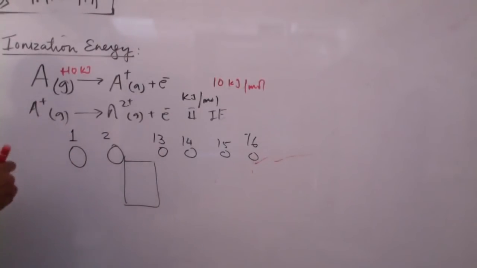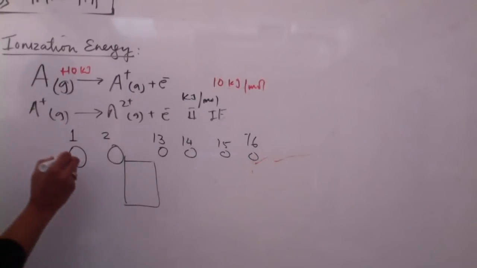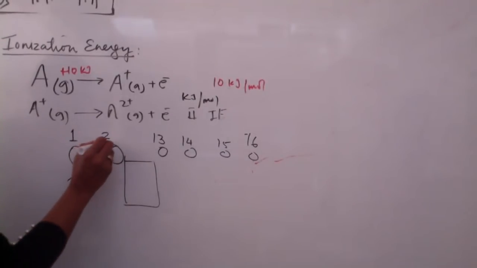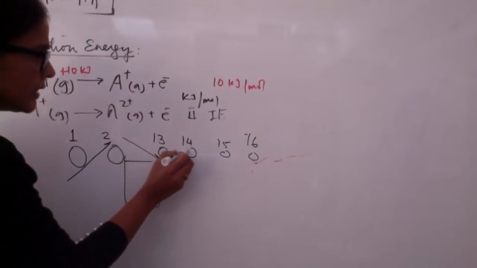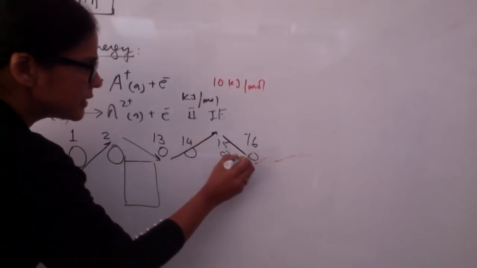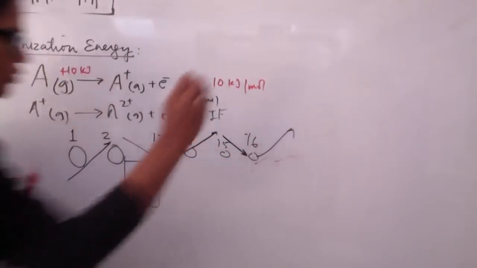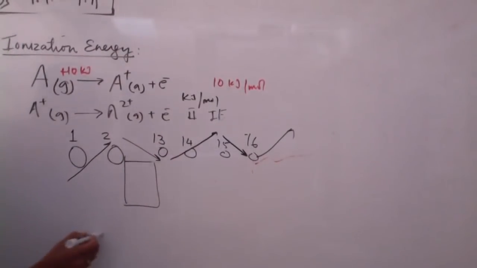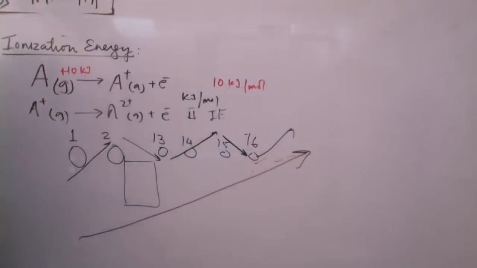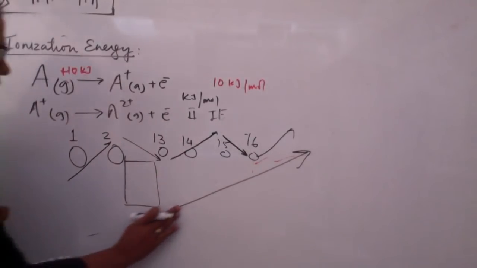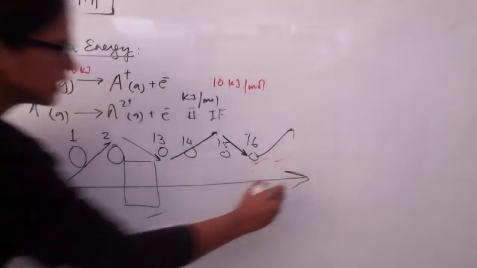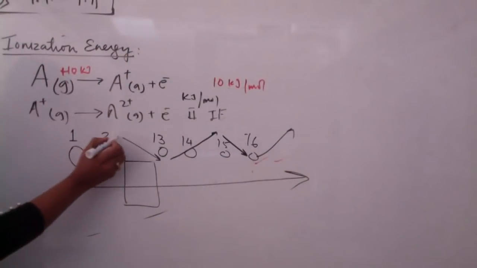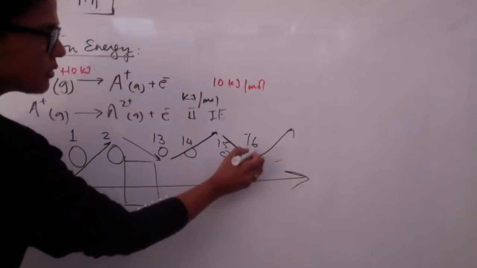Their ionization energy increases from here to here, then shows a decrease between these two, and then increases here, and then shows a decrease, and then increases. So rather than the ionization energy trend being steadily increasing from left to right, let me make a straight line. Instead of steadily increasing, it goes up, then goes down, goes up, then goes down, then goes up.